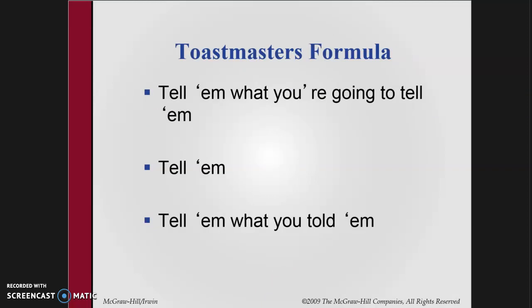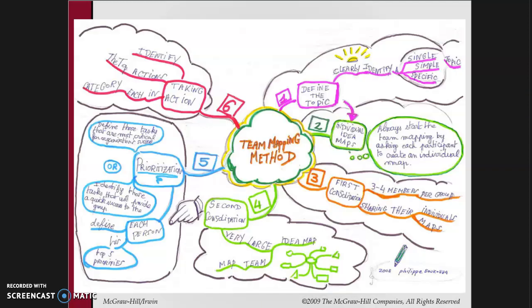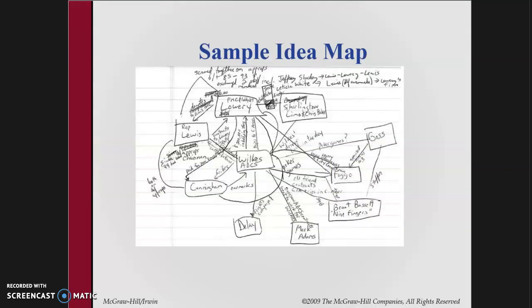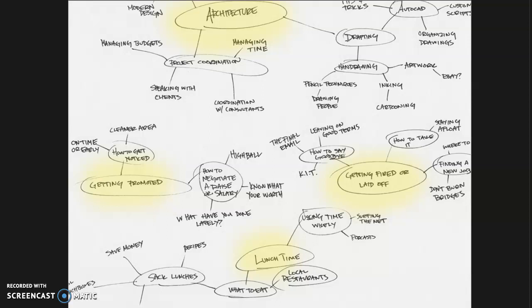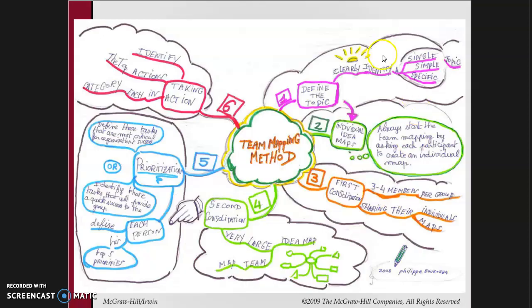So again, let's return to the idea map. This is what is due this week. It's messy. It's a free for all. You don't censor any ideas. And if you want to do it something like this, which is really almost too organized, but it may help you.